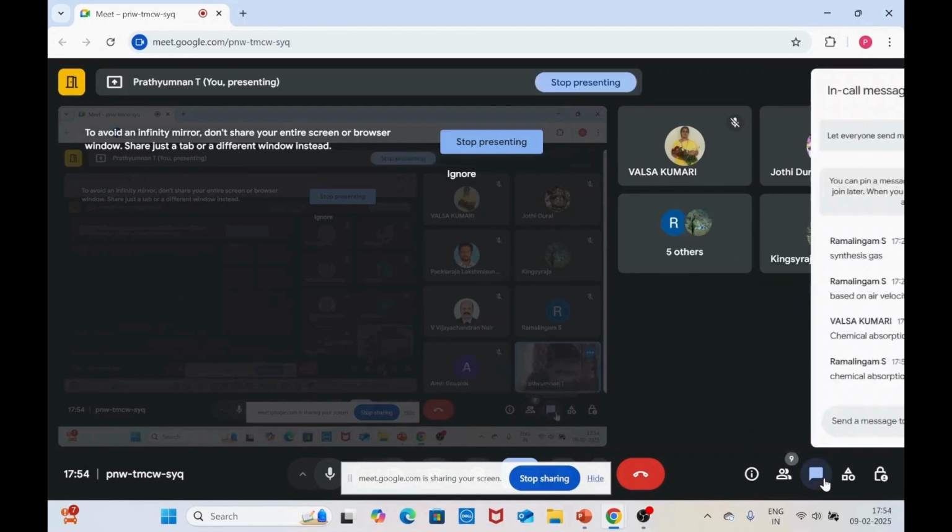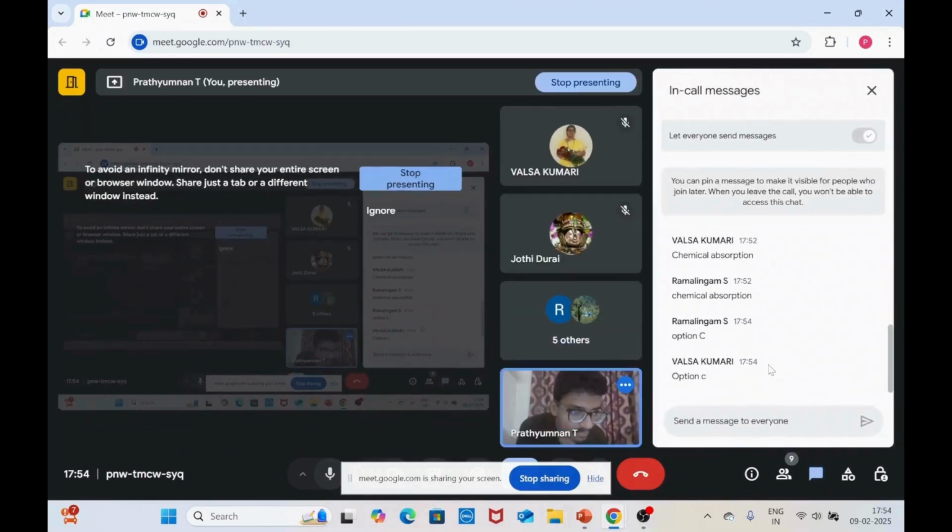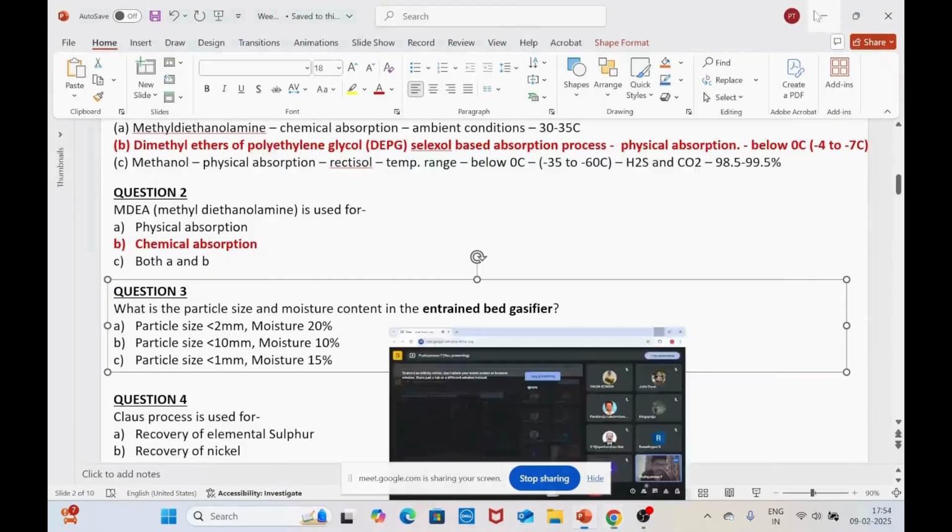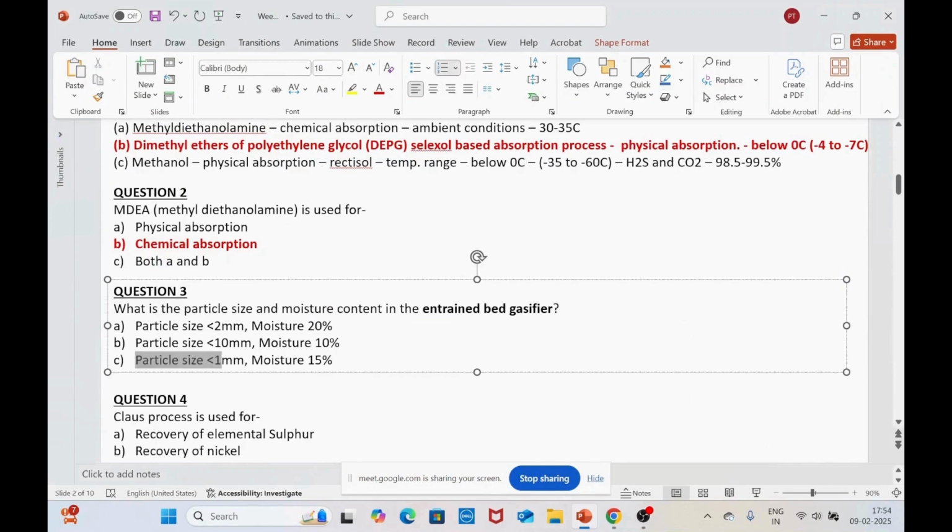Okay, we have received two responses as option C. Yes, it is option C. So your moisture should be around 10 to 15 percent, and the particle size should be less than 1 mm. So this is for entrained bed gasifiers. That's correct.